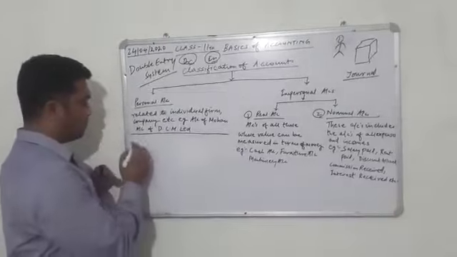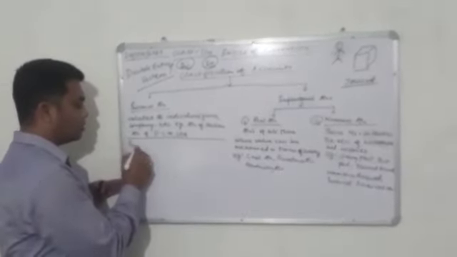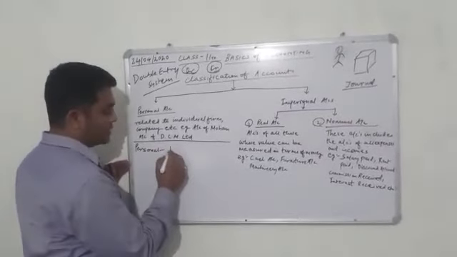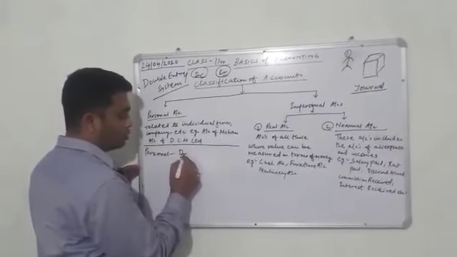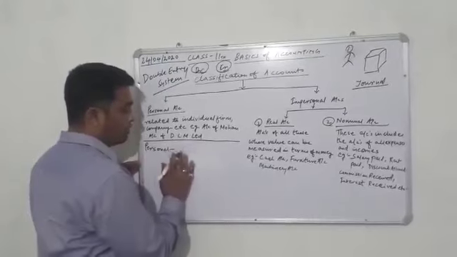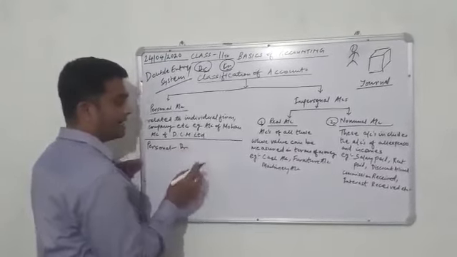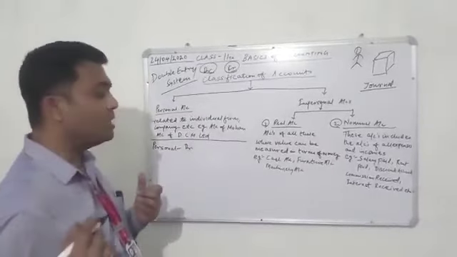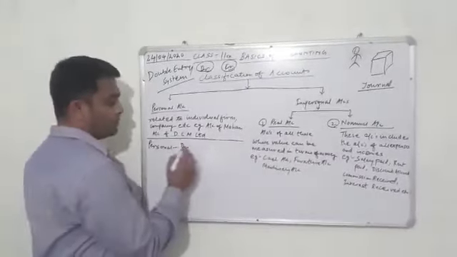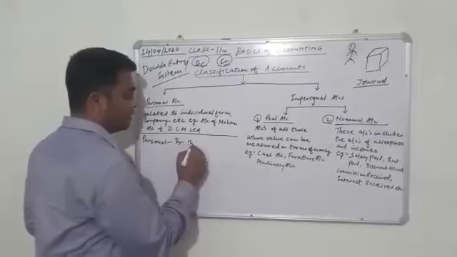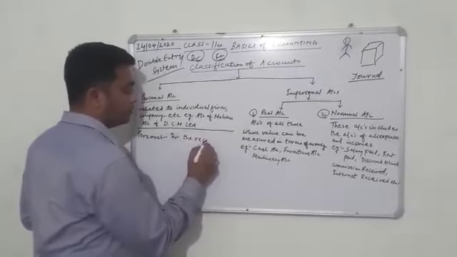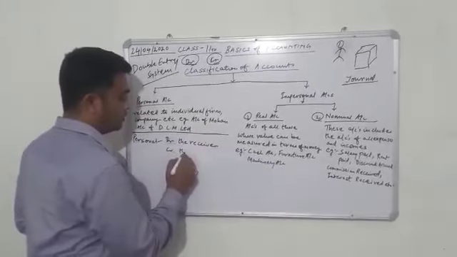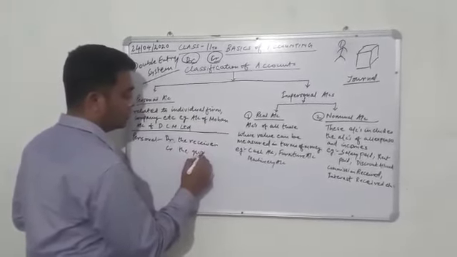What is the rule for personal account? So the rule for personal account is debit. I told you 2 terminology we will be using: debit and credit. Double entry system comprised of the debit, what comes in, credit, what goes out. So rule of personal account says debit the receiver, credit the giver.